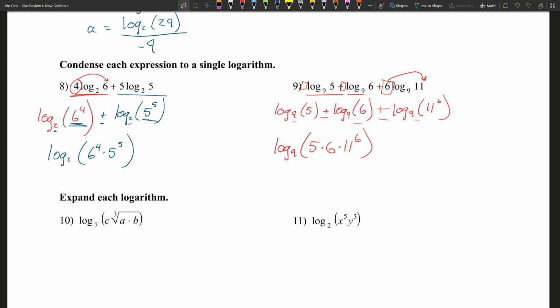I'm literally going to hit regenerate, make sure there's nothing that is impossible, and then print it. Yes, you can write it as 30 times 11 to the 6th. The only reason I wrote it as 5 times 6 times 11 to the 6th is so people could actually see what's happening.